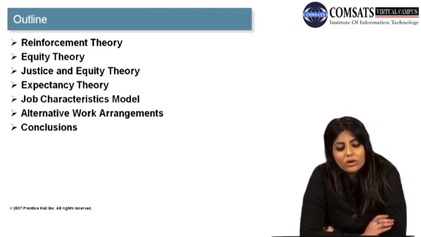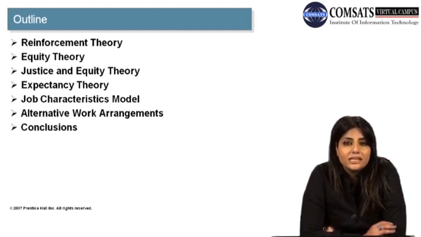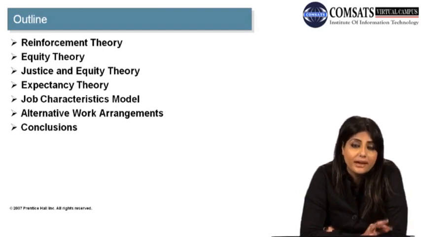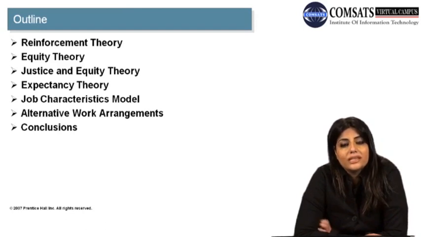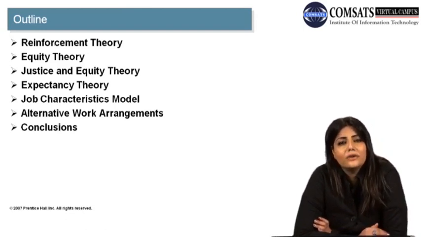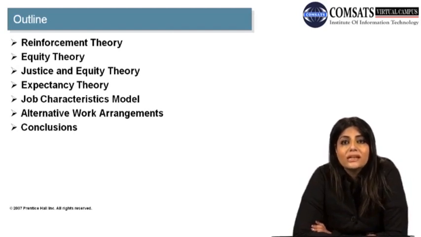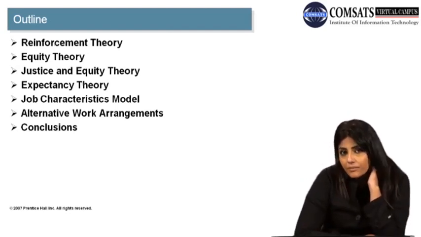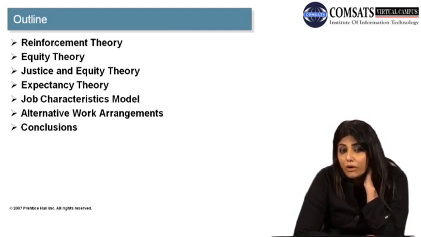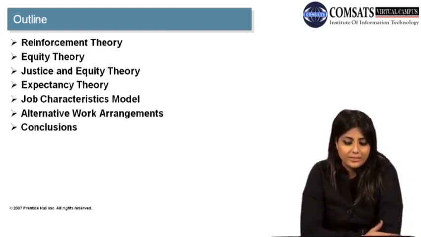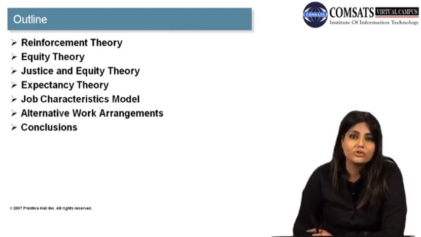Both the job characteristics model and alternative work arrangements are basically an application, or extension, of the concepts that we learned earlier on motivation. They show how in the workplace we can introduce things which can enhance employee motivation, and they are the direct implications in the workplace. So lastly we have the conclusions of today's lecture.